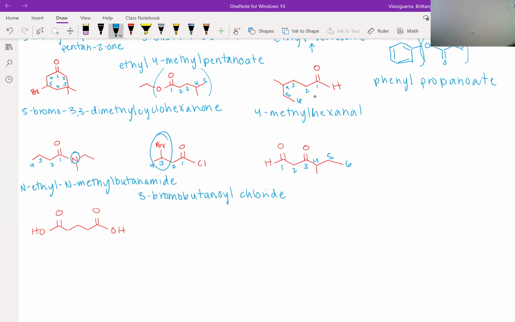Okay, and then we just have our two substituents. What's this one? 3 Oxo. Yeah, it's oxo when it's a substituent. And 4-methyl. So this is going to be 4-methyl-3-oxohexanal. Yep.